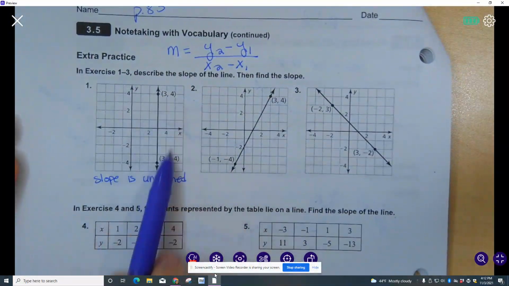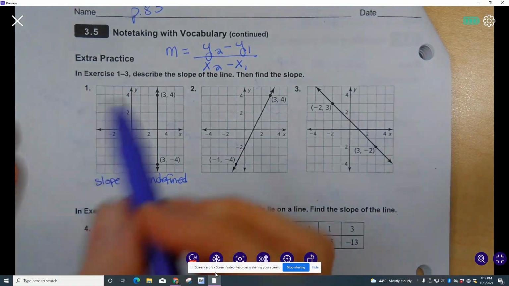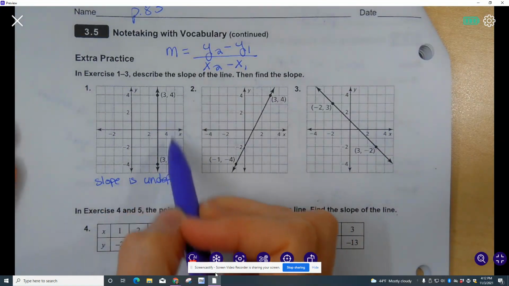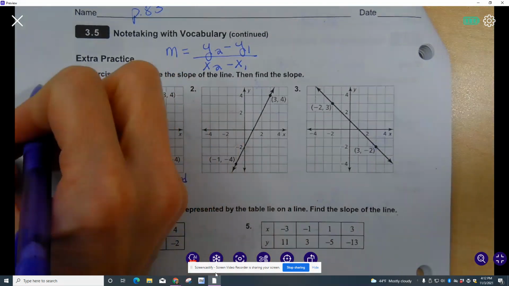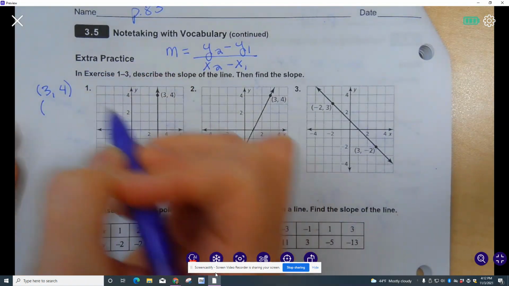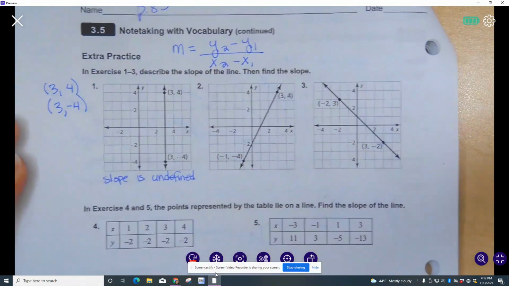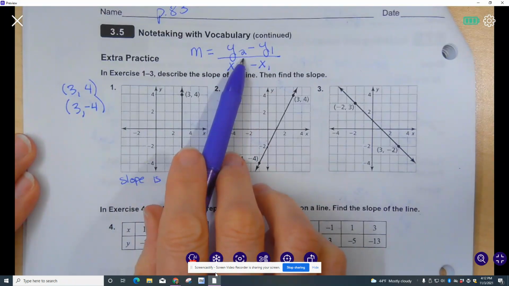And these are the 2 points that we're going to use. Now, when you're finding slope and you have your 2 points, I want you to write them one on top of the other, just like this. It really helps when you're substituting into this formula.